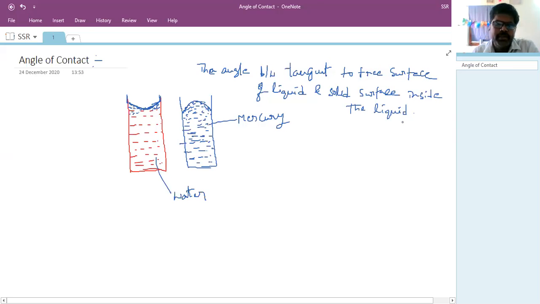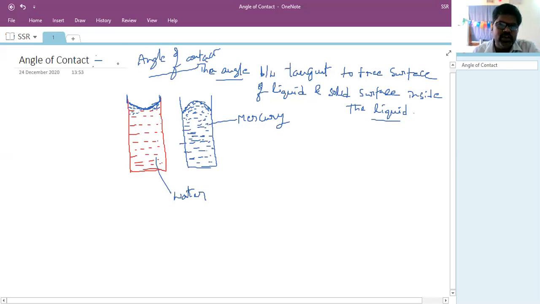I repeat once again. Angle of contact is the angle between the tangent to the free surface of liquid and the solid surface inside the liquid.